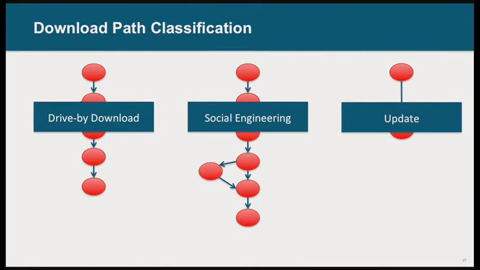On the social engineering side, the user was actually tricked into installing or downloading and installing the binary. And in the update case, the user already has malware running on their system, and the malware is either updating itself or it's downloading an additional piece of malware to install on the system.